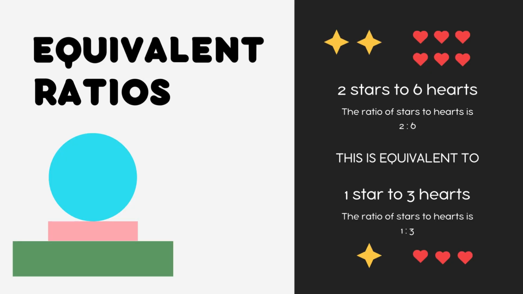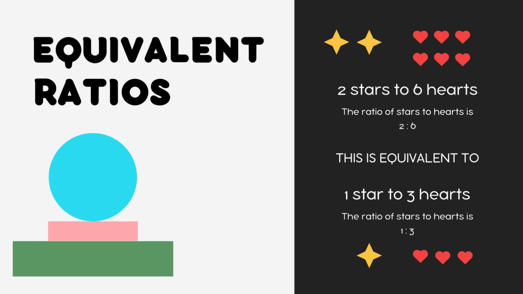The next topic is equivalent ratios. We can see on the right there are 2 stars and 6 hearts. The ratio of stars to hearts is 2 ratio 6. Just on the previous slide we have seen 2 ratio 6 is also 2 upon 6, which can be further simplified as 1 upon 3.